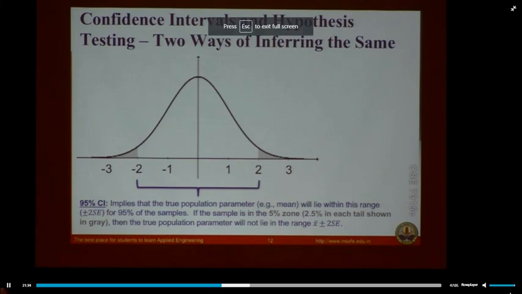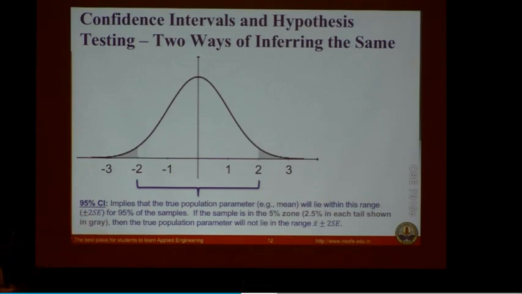95% confidence interval implies that the true population parameter, when I say parameter, it will be mean, variance, whatever. So, let's say true population mean will lie in this range, within plus minus 2 standard errors of wherever the sample is.